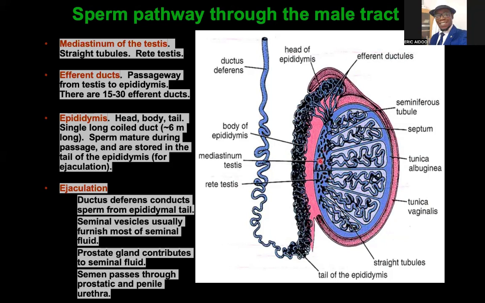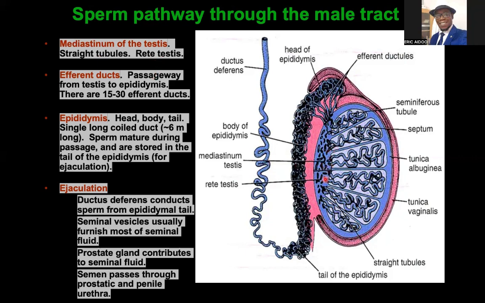Then you have the rete testis. This region is the mediastinum of the testis. And you have the efferent duct, and then the epididymis, and then the vas deferens. All right. So the mediastinum of the testis will contain straight tubules and rete testis, as I've said.